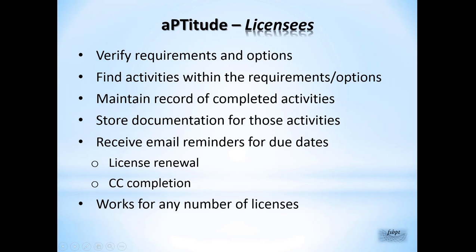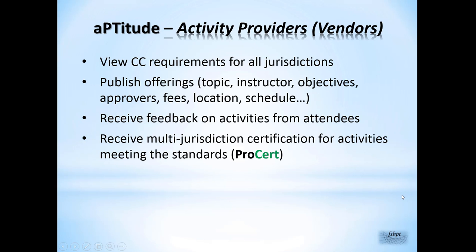So this is a great way to manage information when the requirements and the deadlines are very different from state to state. The vendors are using the system to, again, verify what jurisdictions require and what they allow licensees to complete, and so is what I offer eligible for continuing competence credit in a particular state. The mere act of publishing their activities is a way to market what they offer to any licensee using the system.